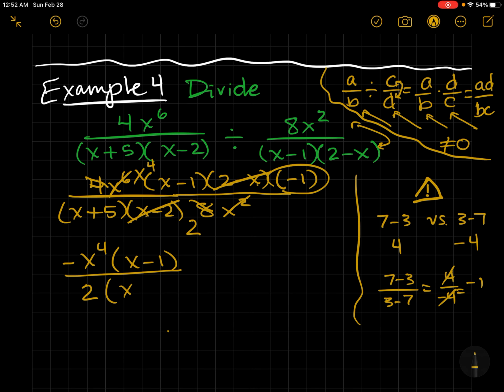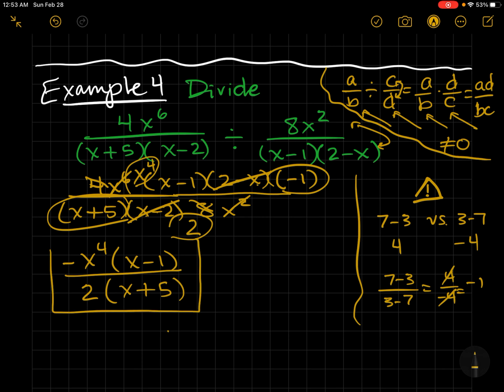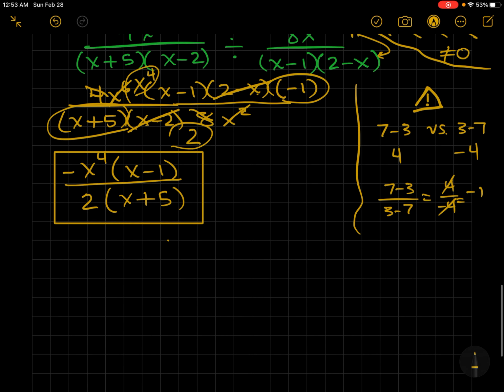And in the denominator, I have 2 over x plus 5. Let's see, did I get everything? Yep, and all that's canceled out. And up here, I have the x to the 4th. Okay, so that looks like a great answer. And you could leave it just like that. No worries. All righty.